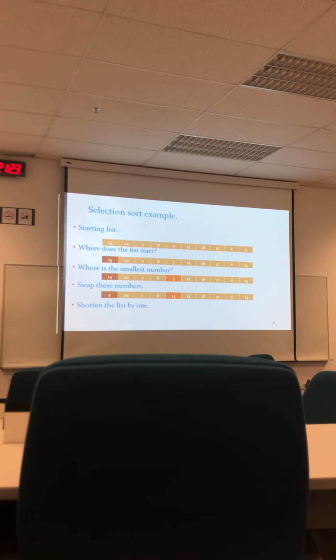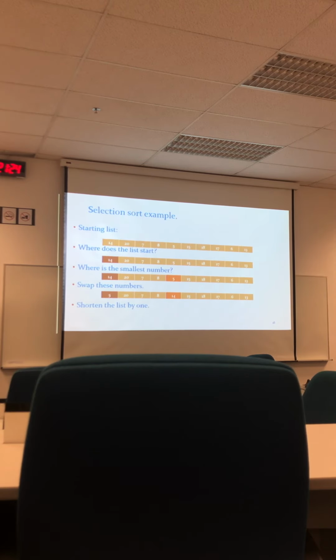How many elements altogether? 1, 2, 3, 4, 5, 6, 7, 8, 9. So the unsorted part has 9 elements. If you are asked to show the result of the first step, you should show this one. Every number should be shown correctly. This is the first step of selection sort.